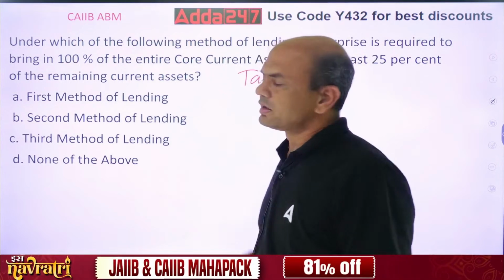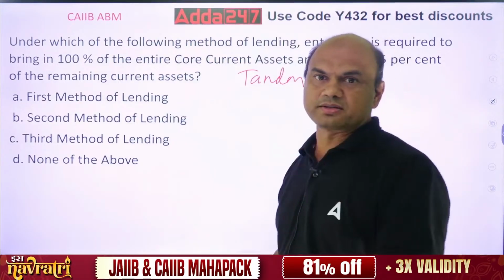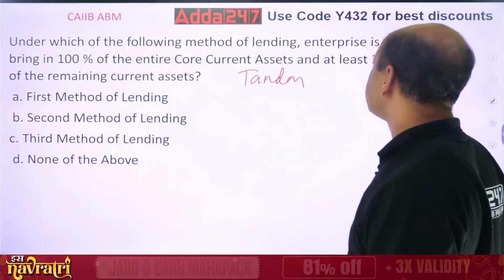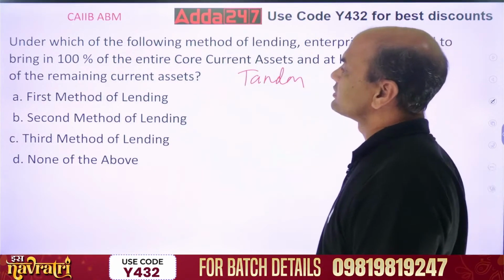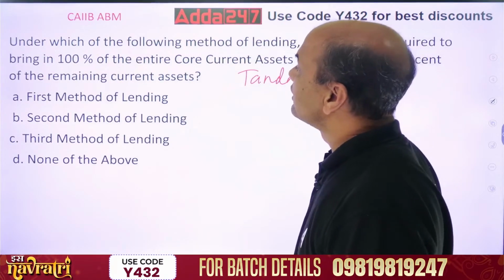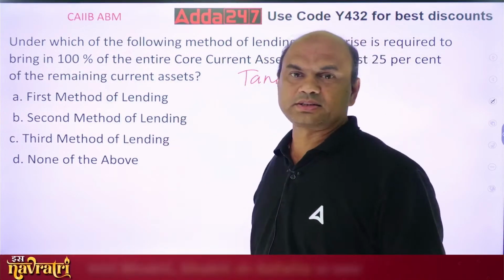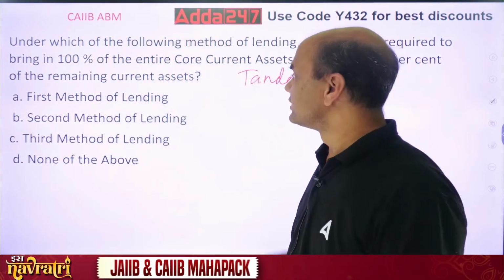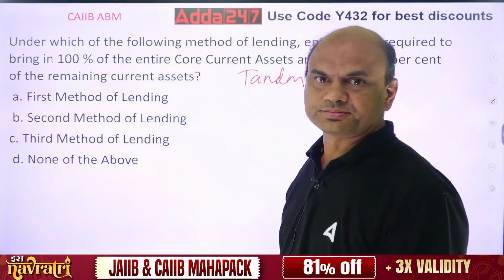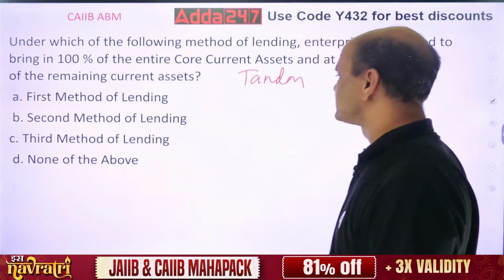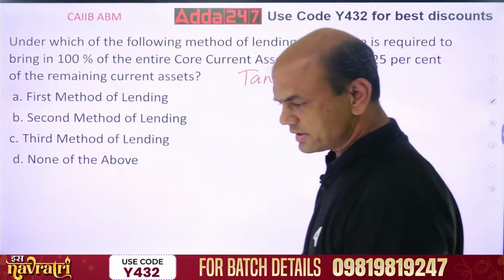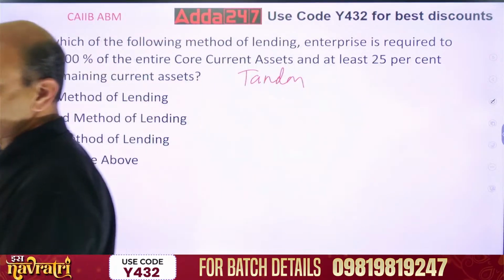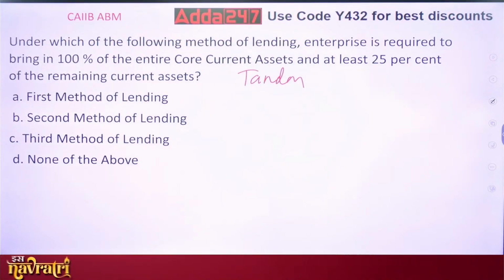Okay? Tandon committee had given three methods. So under which of the methods is the customer required to bring in 100% of the core current assets and 25% of the remaining current assets? Think and give me the answer. This is an easy one. You have done this in your JAIIB also. Okay?